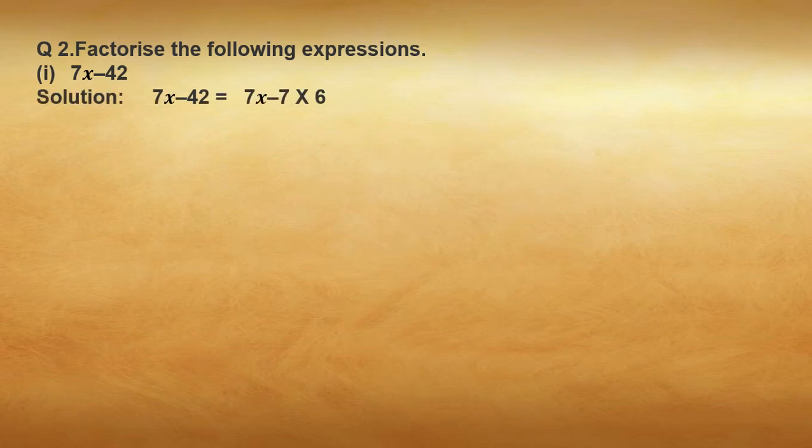Again, in the same way, using common factors, we can factorize the following expressions. 7x - 42. Let us take 7x. Now 42 can be written as the product of 7 and 6. So 7x - 7 x 6.